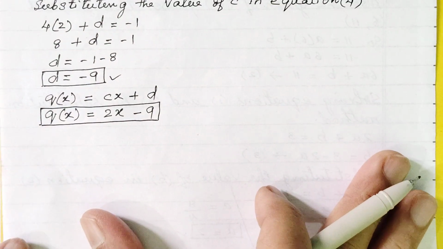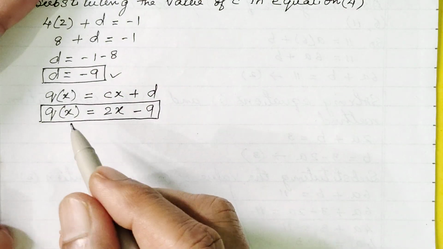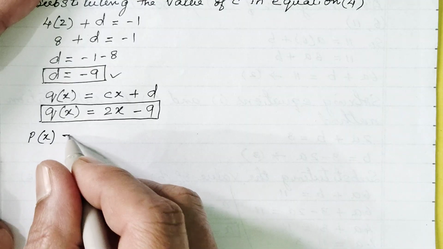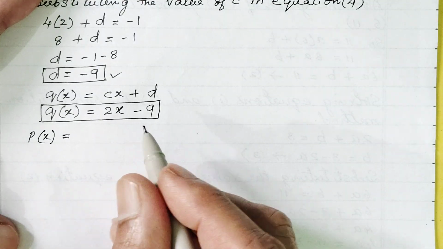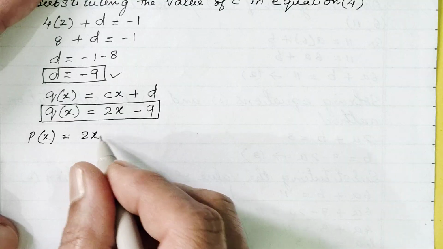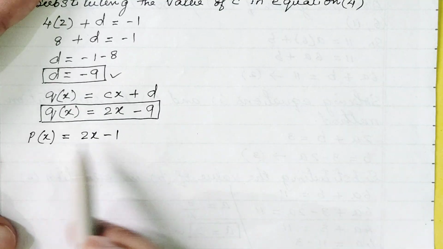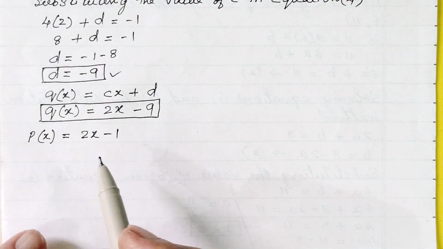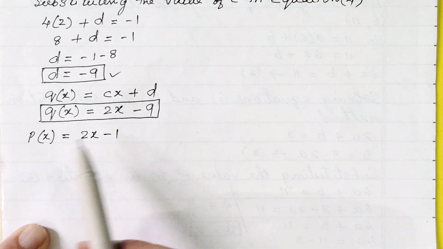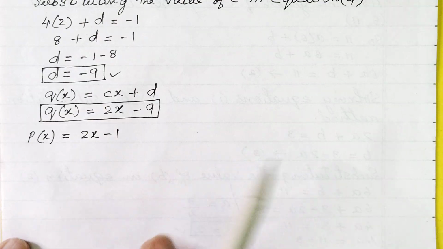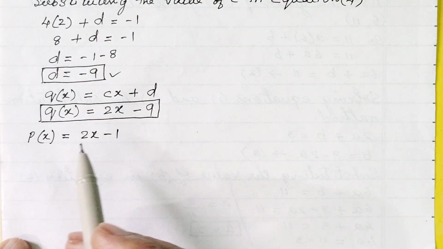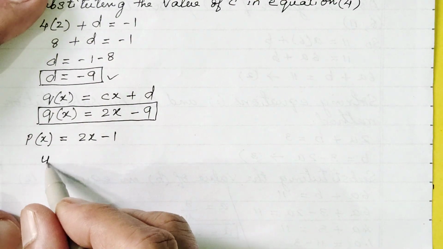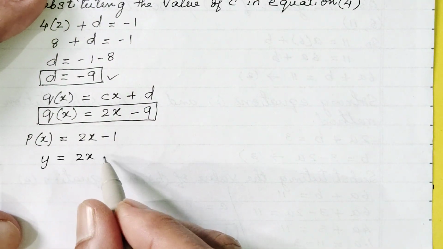So now we will take Px. What is Px? Px is equal to 2x minus 1. So we have found the polynomial Px. Now we should find the coordinates of the point where the graph of Px cuts the x-axis. So when Px is 2x minus 1, the equation of the graph of Px will be y equal to 2x minus 1.